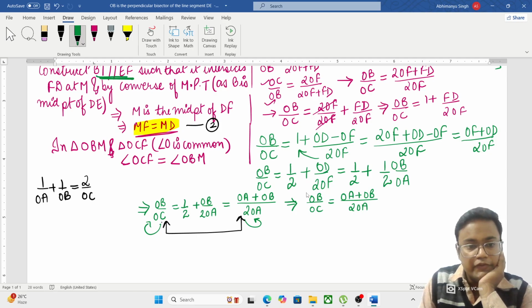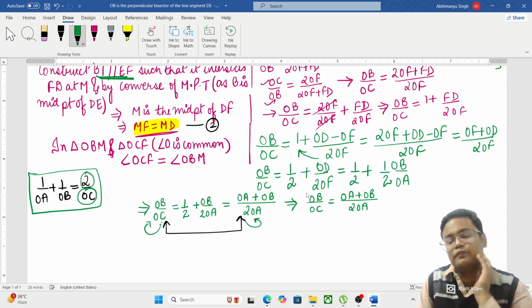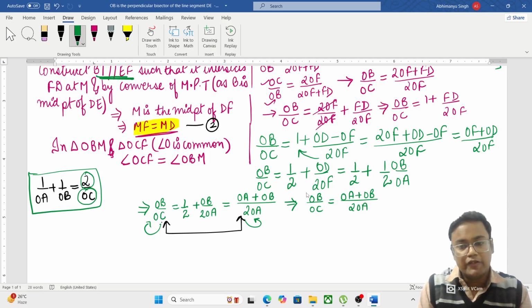Now what do you need here? You need 2 with OC, right? This is what we want. I told you in the beginning, children, you don't have to take your eyes away from what you want to show. We should never take our eyes away from what we have to show, otherwise this will not be possible. Okay, so we will continue this further.